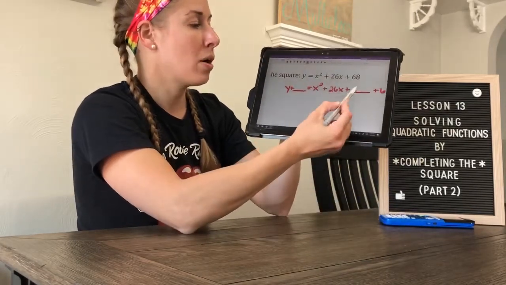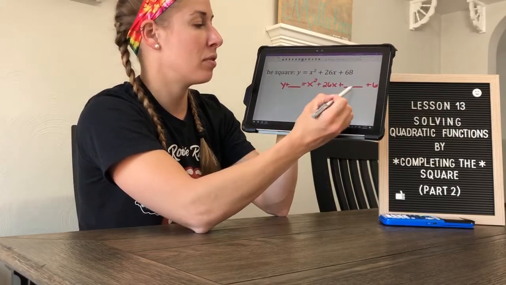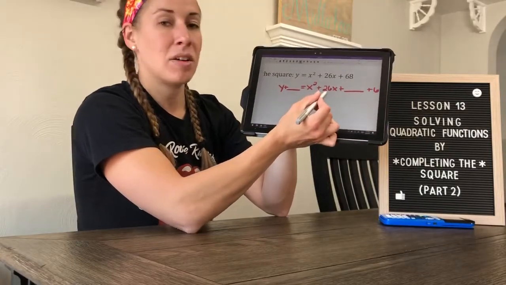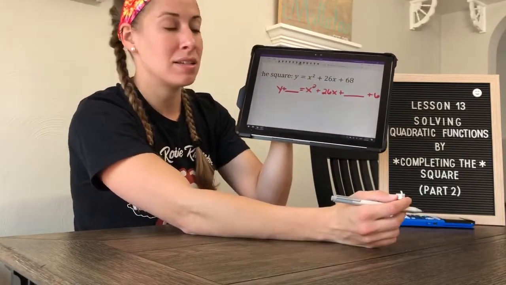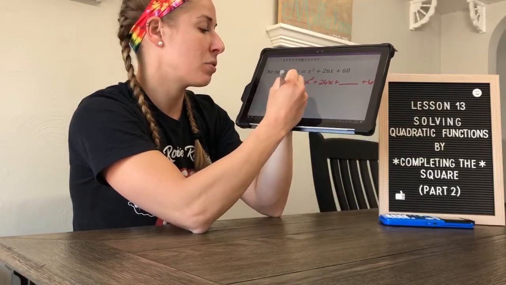Okay, so what would that c value be to make this a perfect square trinomial? We're not worried about the 68. So 26 is our b value. Half of 26 is 13. Do you remember what 13 squared is?